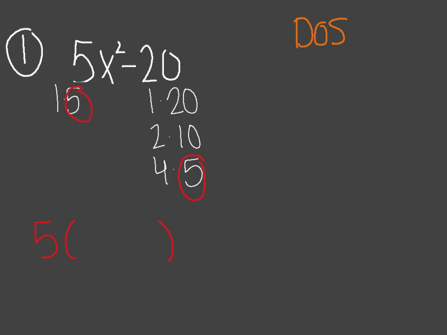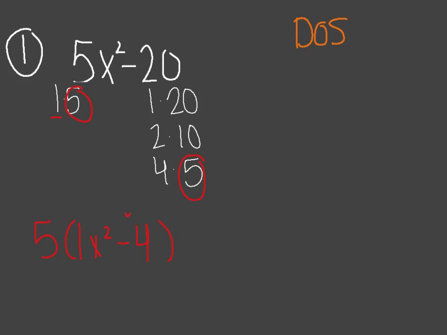I still am left with a 1, my x squared, my minus, and then since I factored out the 5, 5 times 4 is 20. So now that I have my new polynomial, I need to do my second step.